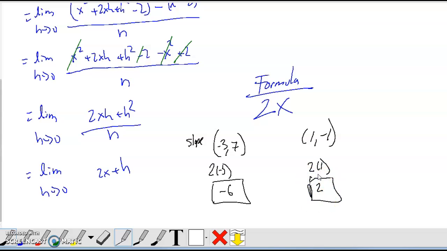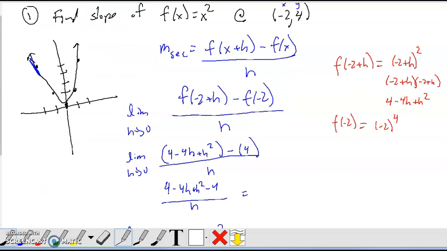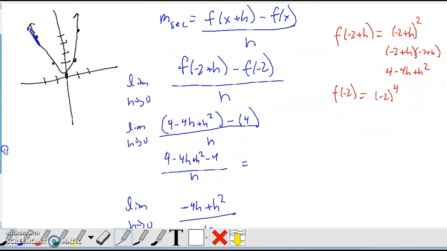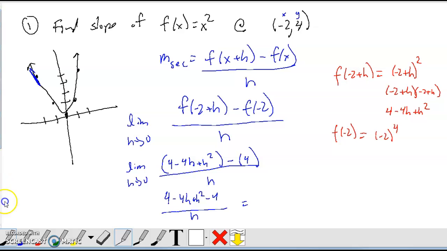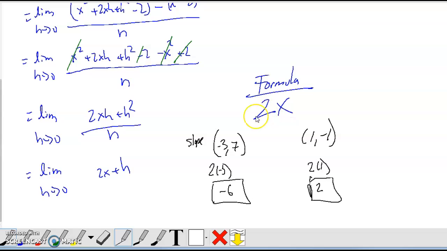Again, we can always fall back on what we did at the very beginning of the lesson. We can plug in those points, so we can do all of this work to find the slopes. But if we come up with a formula, that means you don't have to keep plugging in things.